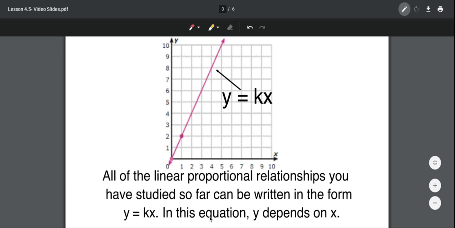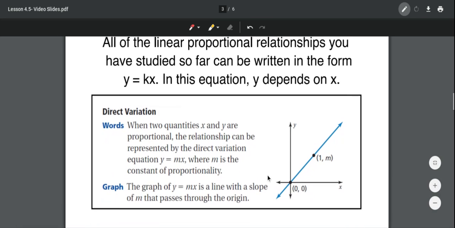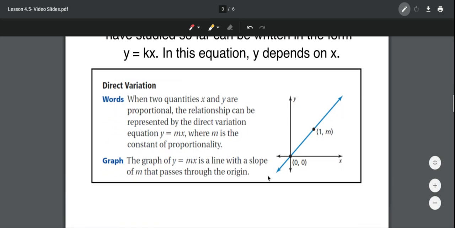In this particular equation, the values for y depend on the values for x. In this particular type of equation, we have what is called direct variation.